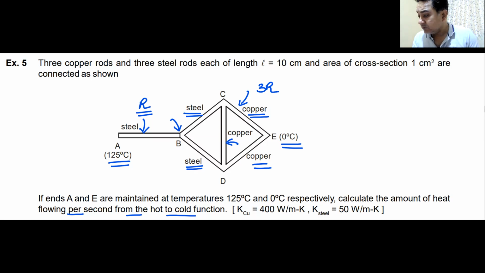Or if you want to use the numerical values given: length is 10 centimeters, area is 1 centimeter square, thermal conductivity is given as 850. You can use those values, or simply you can give me the answer in terms of R. Both will suffice. Your time starts now.